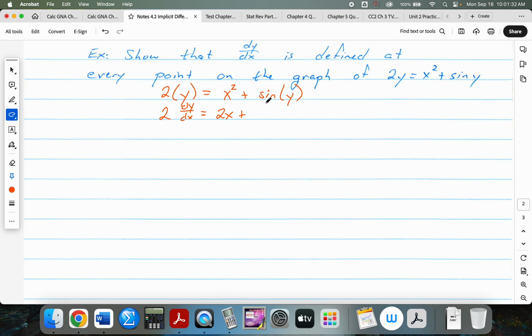Plus, when I have a composite function like this, I take the derivative of the outside, leaving the inside alone, times the derivative of the inside. So the derivative of the outside will be cosine of y, times the derivative of the inside part, which is dy/dx.